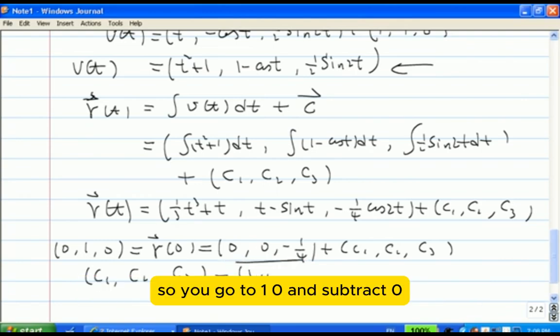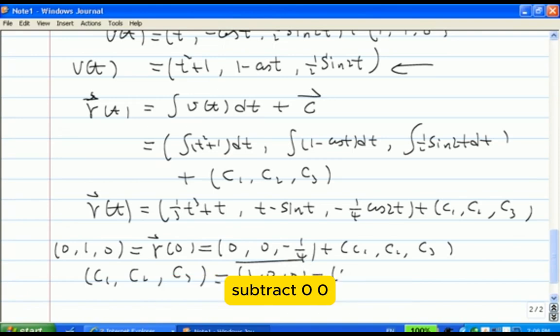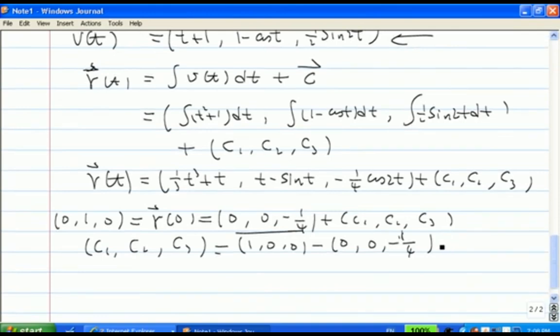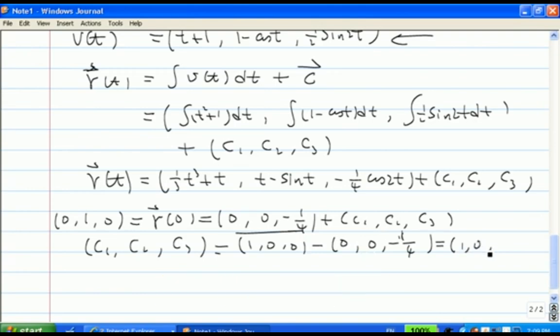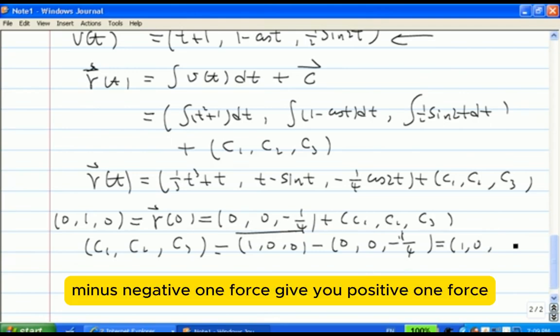So you get 1, 0, and subtract 0, 0, minus 1/4. So you get 1. 1 minus 0 gives you 1. 0 minus 0 gives you 0. 0 minus negative 1/4 gives you positive 1/4.